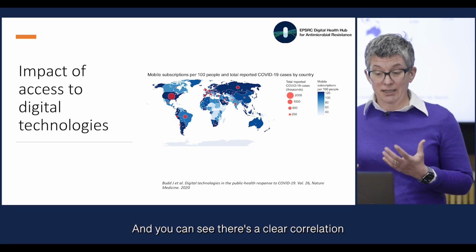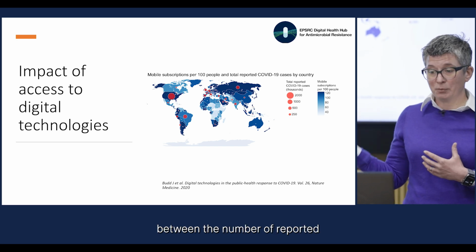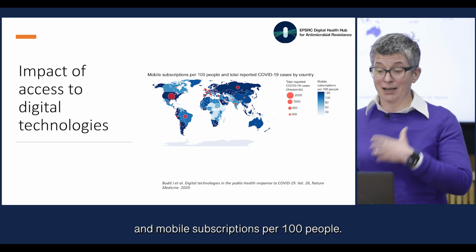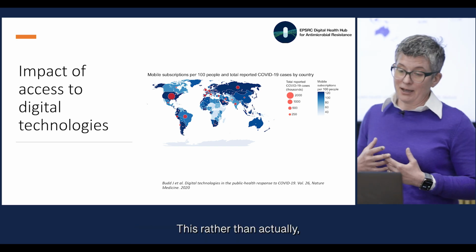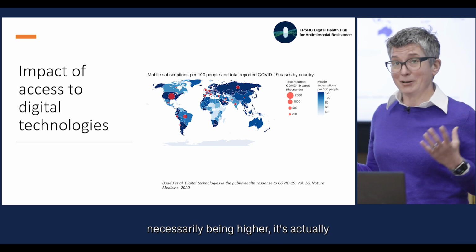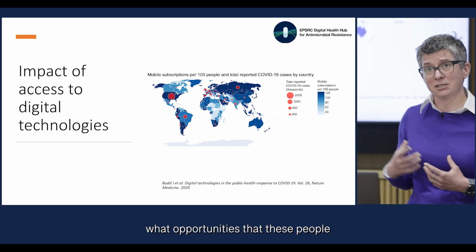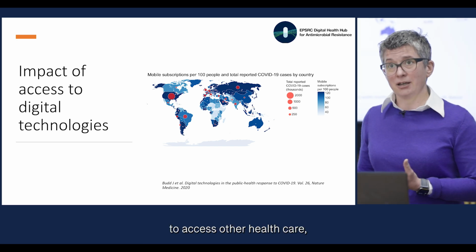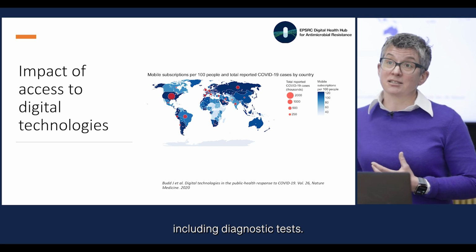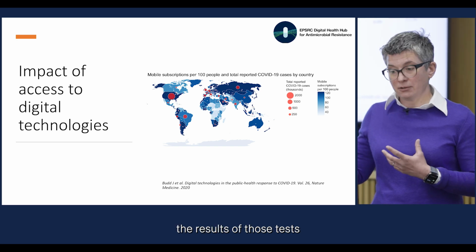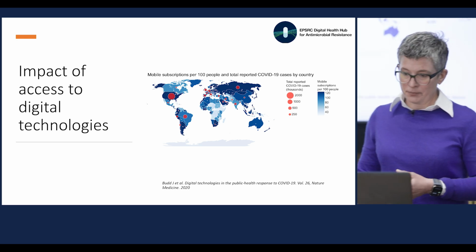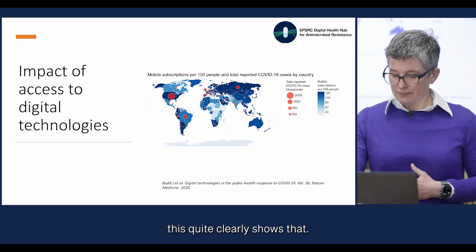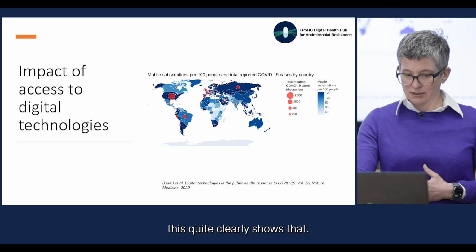You can see there's a clear correlation between the number of reported COVID-19 cases and mobile subscriptions per 100 people. Rather than COVID-19 necessarily being higher in these places, it's about what opportunities these people have to access other healthcare, including diagnostic tests, and for the results of those tests to be captured and processed from a surveillance perspective. So this quite clearly shows that.